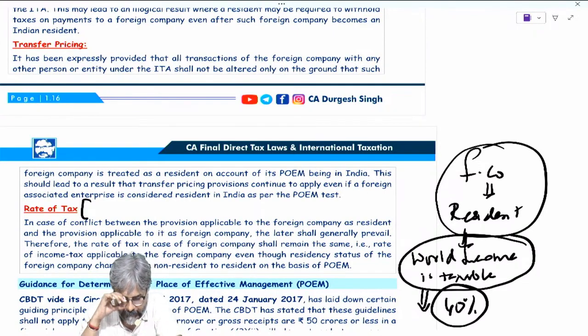Just write a note over here very quickly. How much of the income will be taxed?